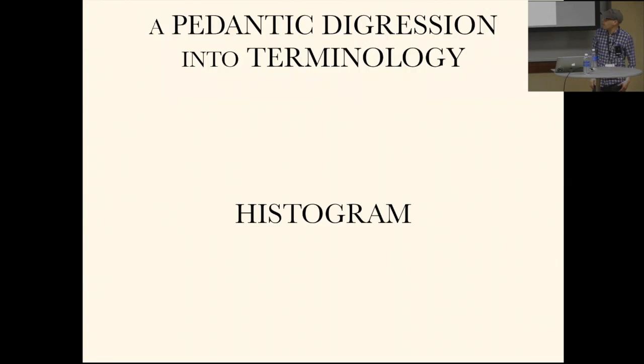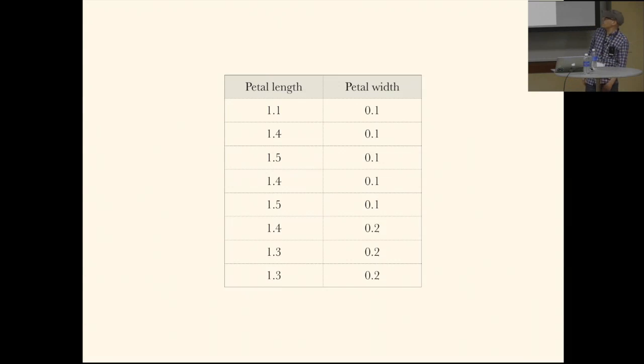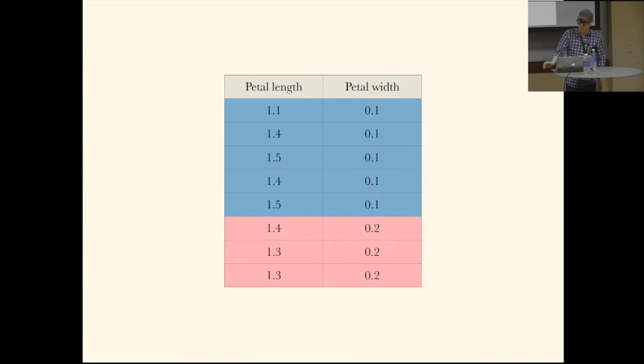But first, I want to touch on terminology. When we talk about a histogram, what we're really talking about is taking continuous data, binning it, aggregating it, and turning it into discrete data. Just to be concrete, if I go back to the iris data set, I can take these flowers and group them together by their petal widths, which could look like this.